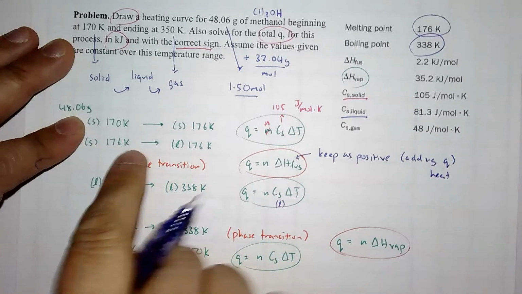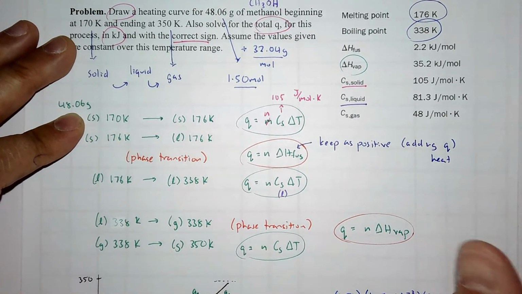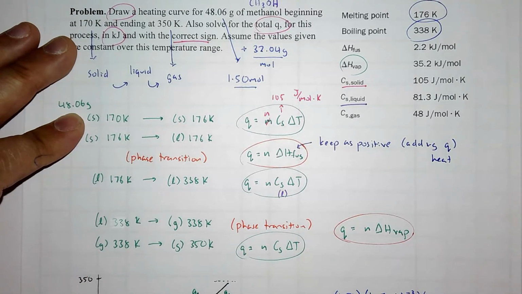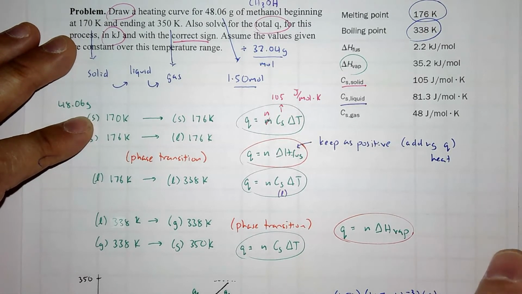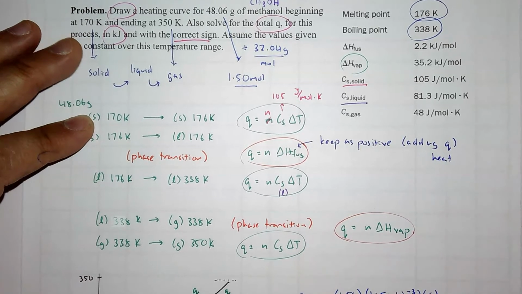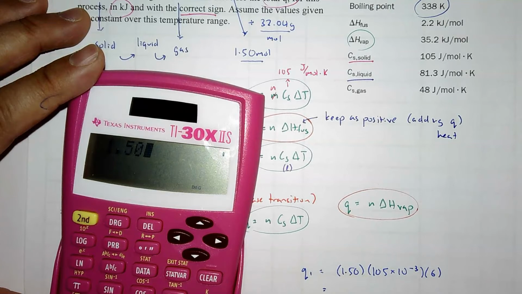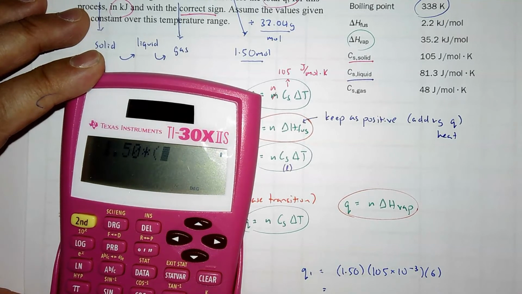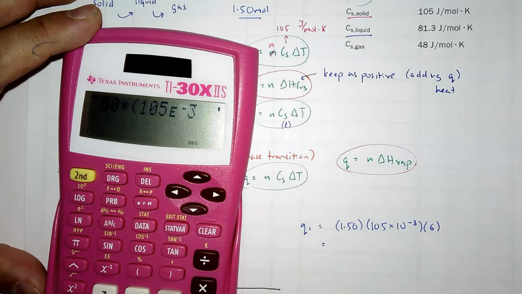Delta T is 176 minus 170. Always keep in mind final minus initial, but that gives you a positive 6. Q1 equals 1.50 times, parentheses, 105 times 10 to the negative 3, parentheses, times 6.